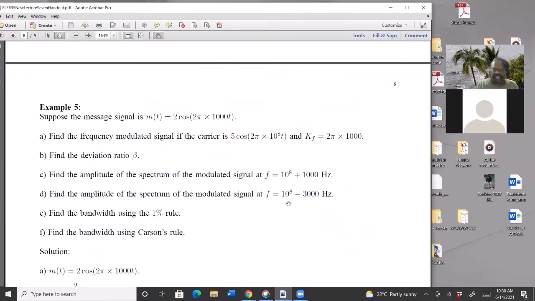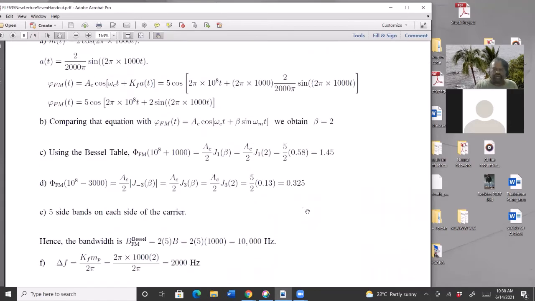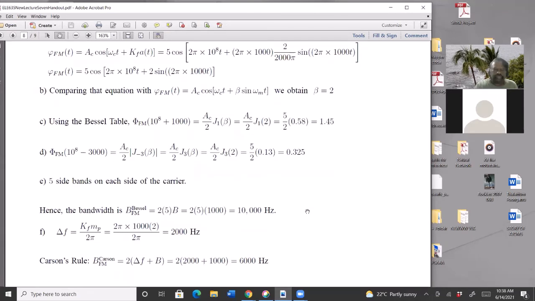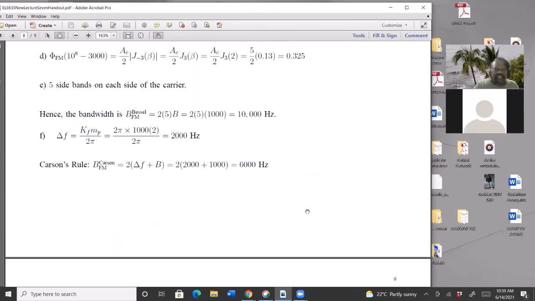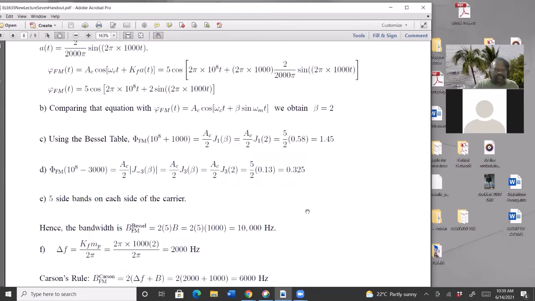Then they are asking Fc minus 3 times Fm. Remember, this is Fm, this is 3 times Fm. So we have to look at J3 and calculate J minus 3. By the way, they ask for the amplitude, so I may have just given the positive value.